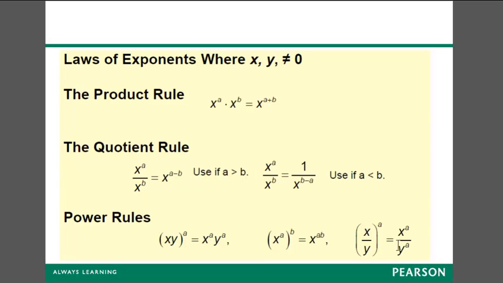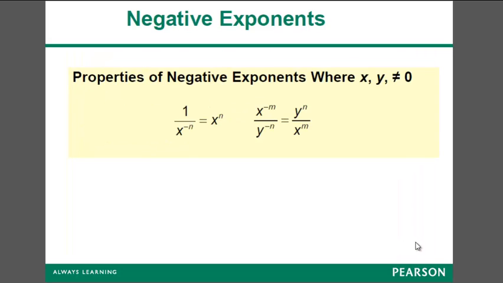My new rule is my negative exponents, where if I have a negative exponent, I want to change its position. This x to the negative n is in the denominator, so I want to move it to the numerator. When I move it to the numerator, the exponent becomes positive.